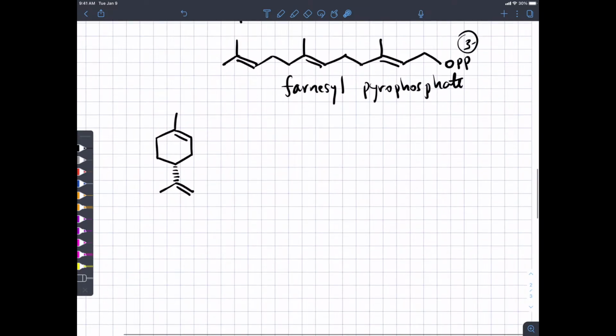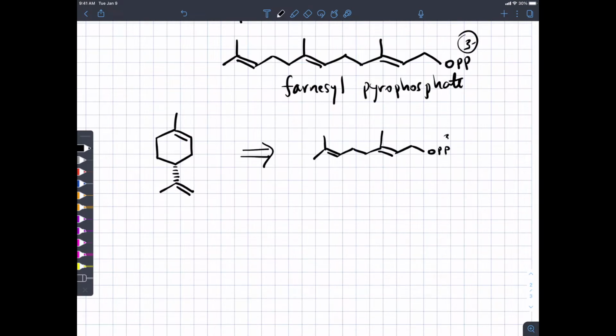Okay, so this is limonene, and it's going to come from geranyl pyrophosphate. And I believe last time we already identified the isoprene units in limonene. Here's one, and then here's the other. That's 1, 2, 3, 4, 5, then 1, 2, 3, 4, and 5. Here in red is the bond that's in the linear precursor.